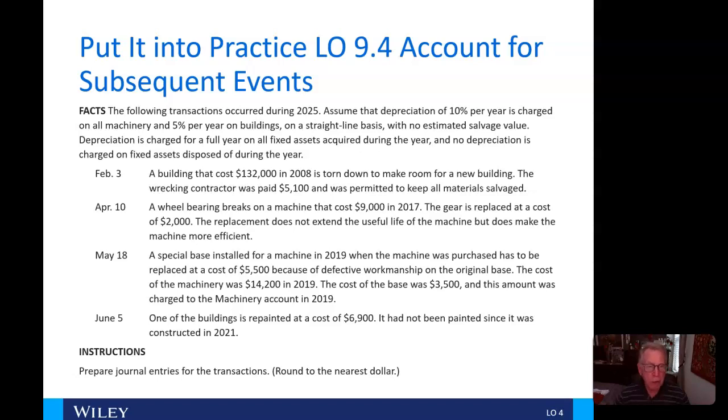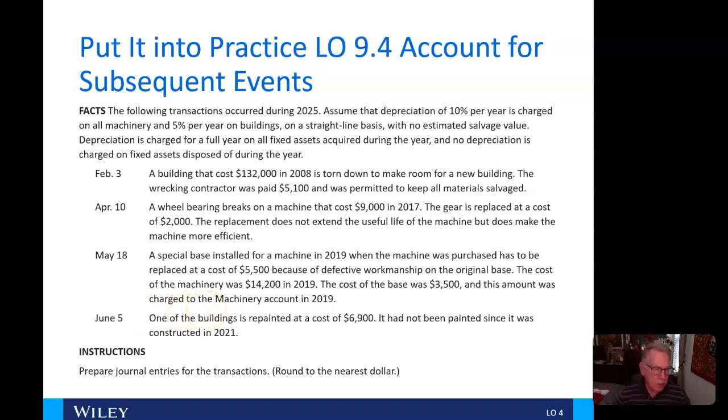The cost of the base was $3,500, and this amount was charged to the machinery account in 2019. And then finally, on June 5th, one of the buildings is repainted at a cost of $6,900. It had not been painted since it was constructed in 2021.